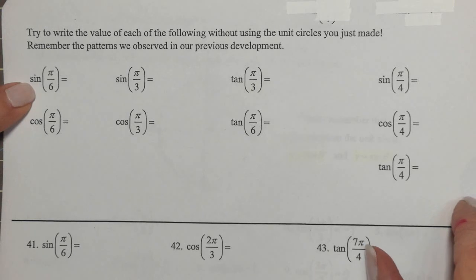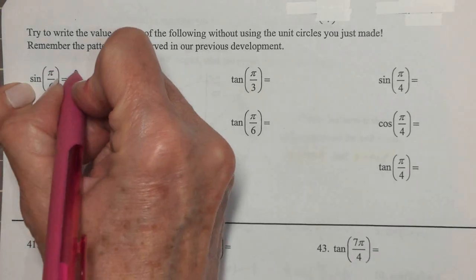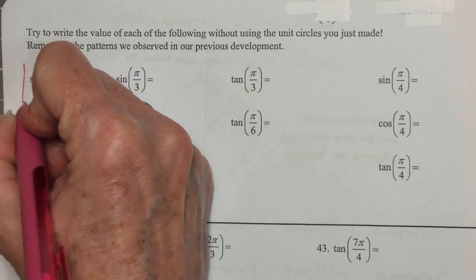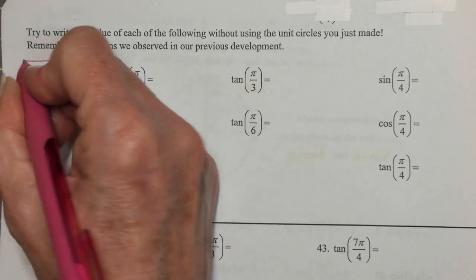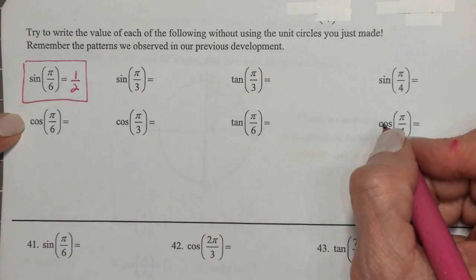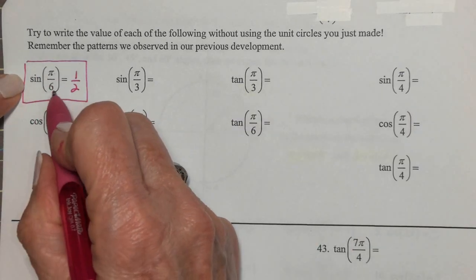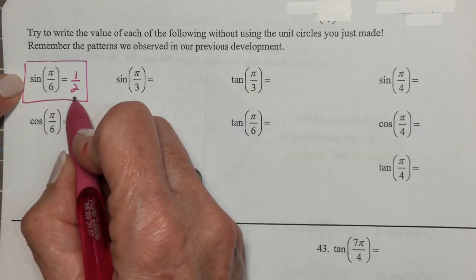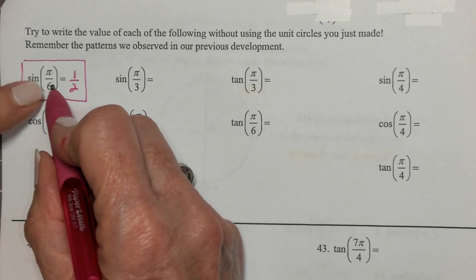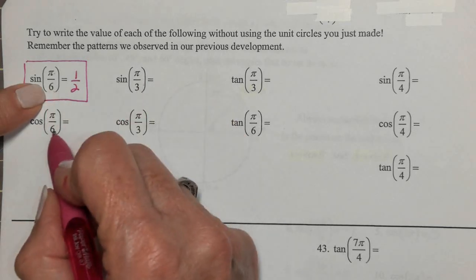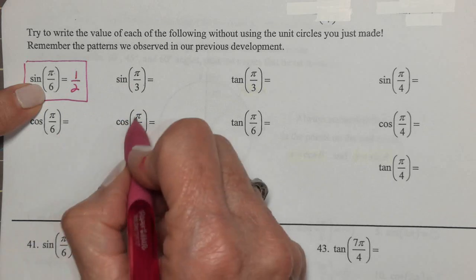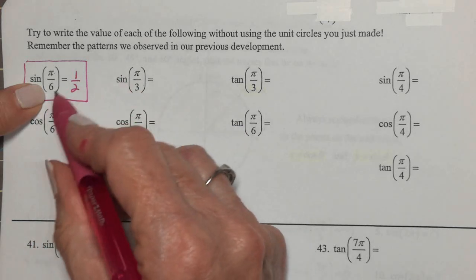I memorize sine of pi over 6, and it is 1/2. You guys can memorize one trig function. Memorize that one. Sine of pi over 6 is 1/2, period. The pi over 6 angles and the pi over 3 angles go together. They're buds. Okay?